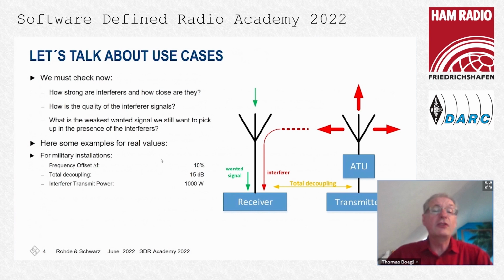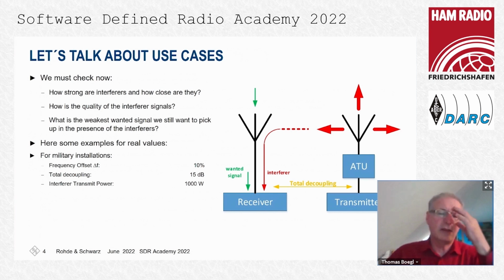So the frequency offset, which means the difference in frequency between the wanted signal and the interferer signal, is 10%, plus or minus a few percent, depending on the installation, but 10% is a good value to calculate with. The antenna decoupling is quite low because we have a lot of big antennas close by, small distances between the antennas.